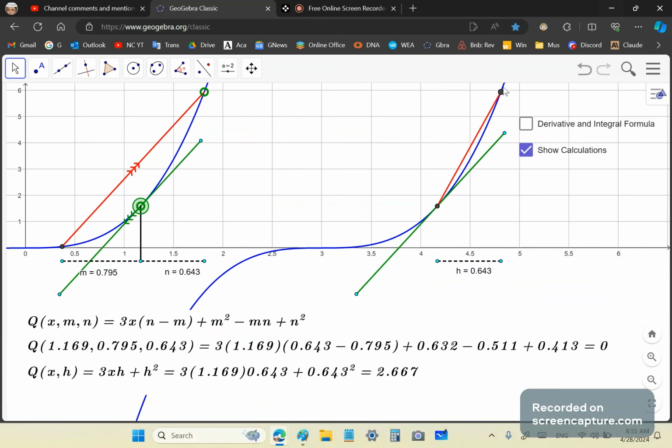Okay. So, and of course, from the historic geometric theorem, we see that q of x,h down here is never 0. And of course, the only time it is ever 0 is if this blue function, which is a cubic, is a straight line. That's the only time you'll have q of x. And that makes sense. Why does that make sense?